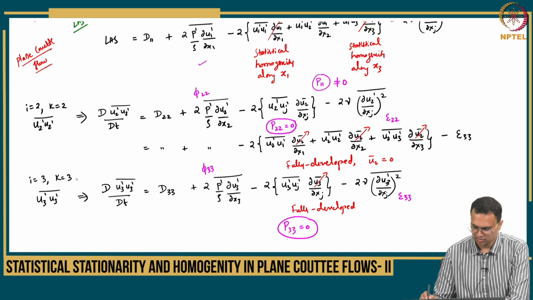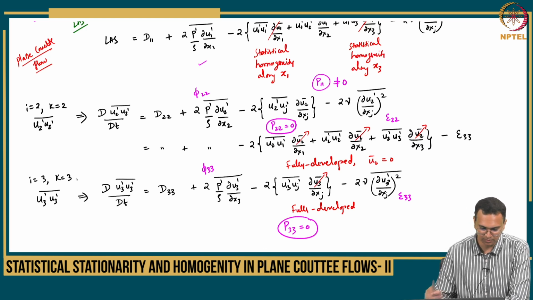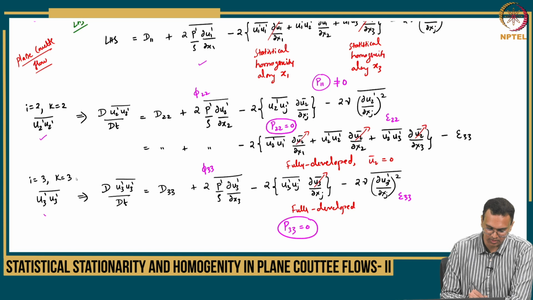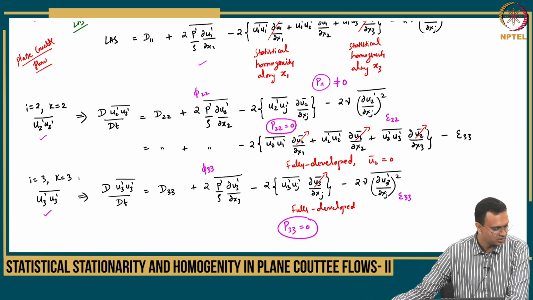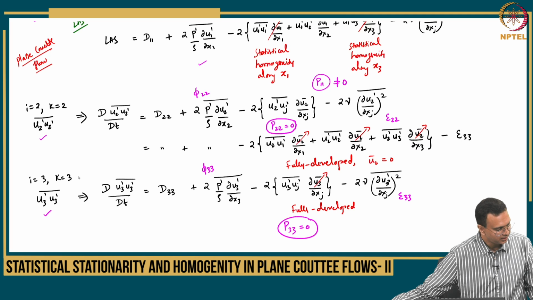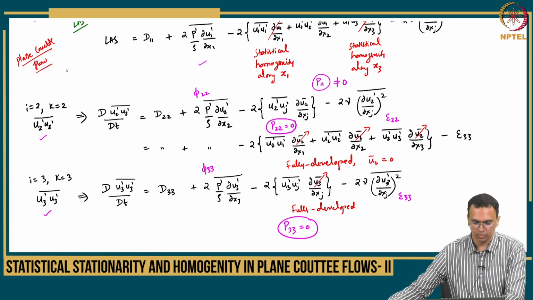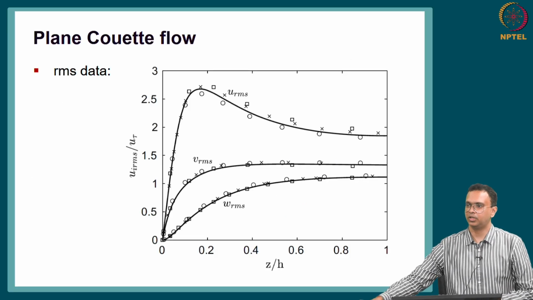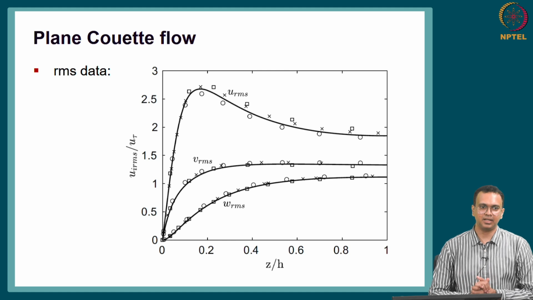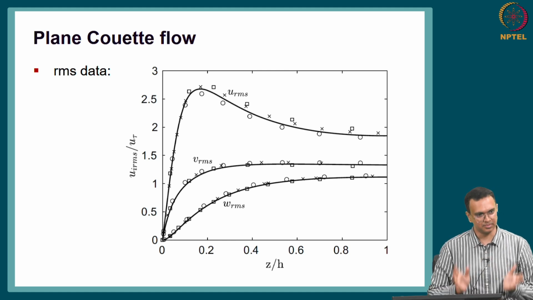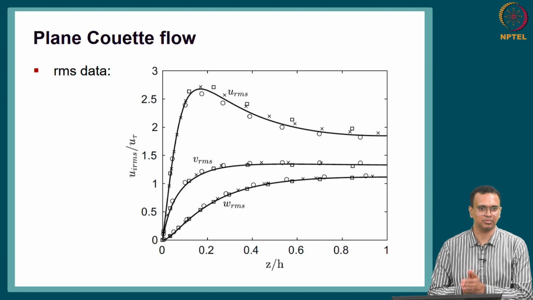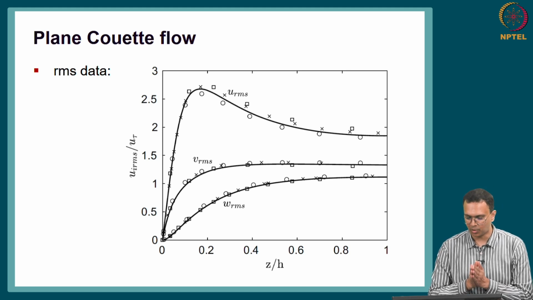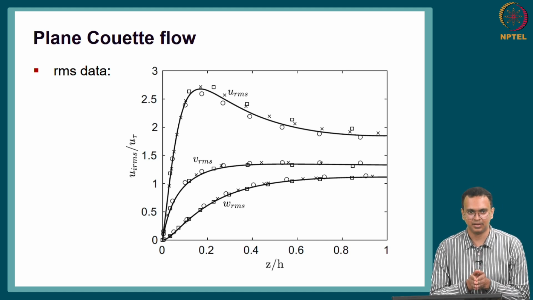Then we will see the data of these three terms to see what exactly happens to them. I can show you one graph. I am showing you the RMS data. I will come to the detailed discussion in the next class, but just to give you a clue, I have plotted the RMS data taken from my own direct numerical simulation.